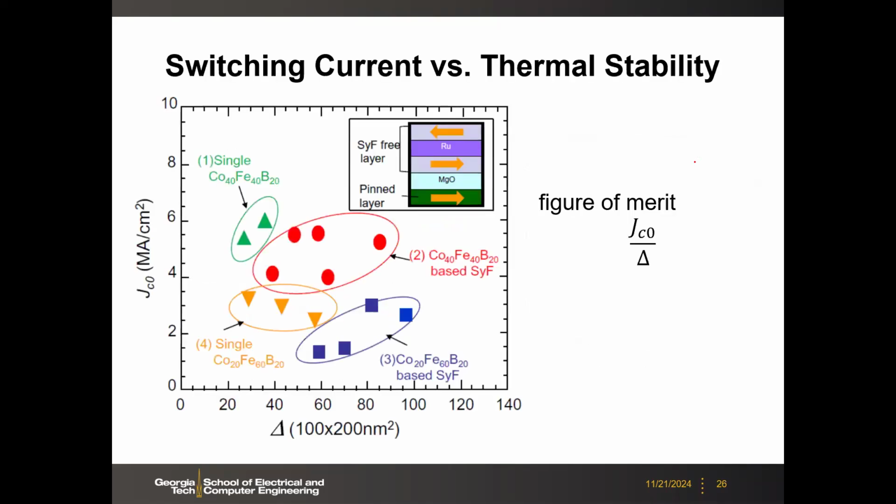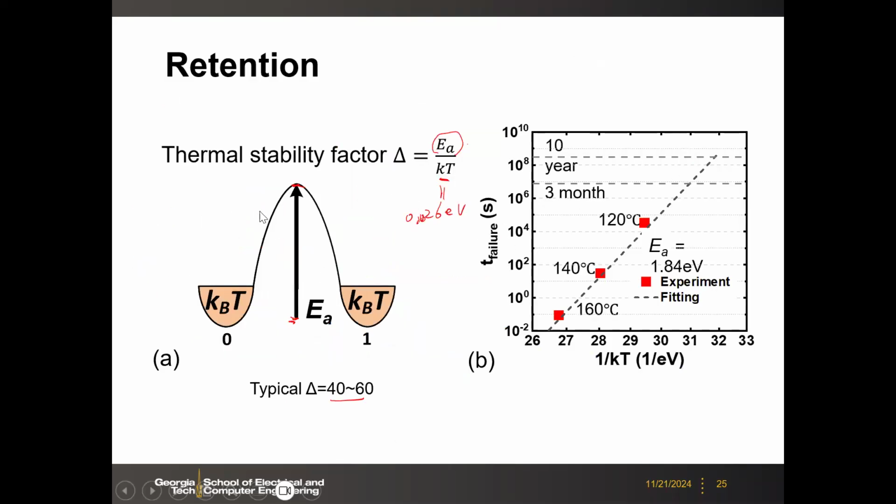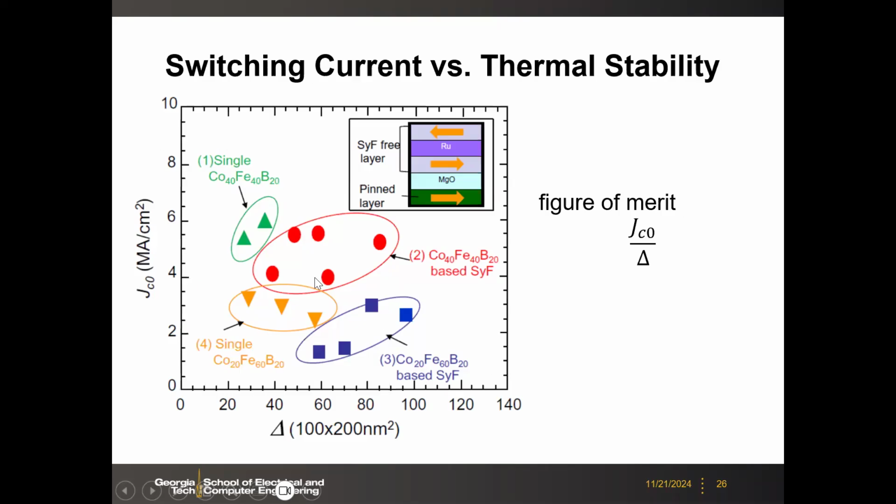So here then there's a trade-off. You want lower switching current, but higher thermal stability. In most cases, those two will conflict with each other, right? The higher the barrier, that means more difficult to switch. You need more current to switch. So it's very difficult.